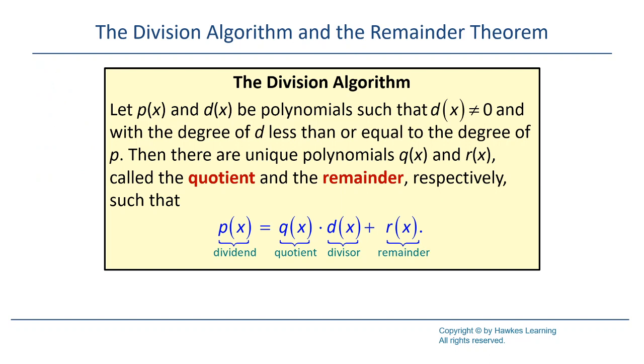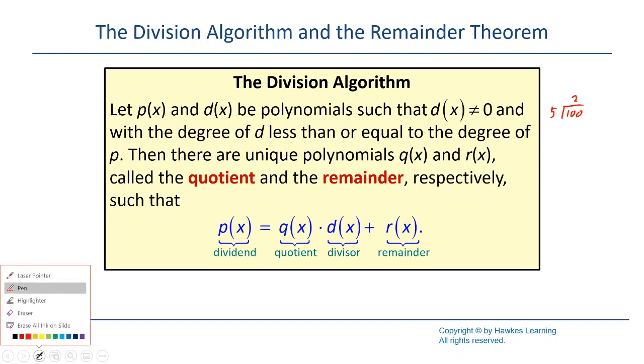basically what it's going to do is take a polynomial, and if you think about 100 divided by 5, 5 goes in not 25 times, it goes in 20 times, and has a remainder of 0.